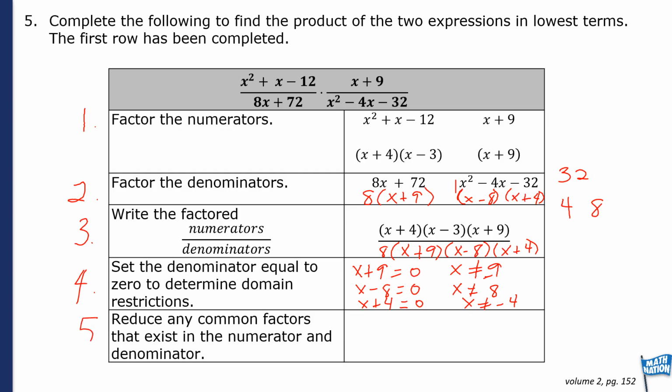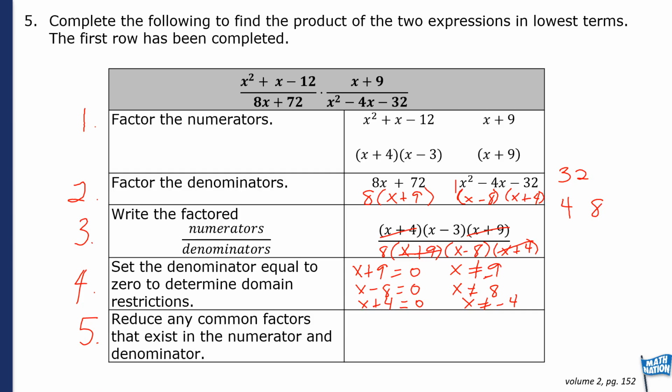Step 5, it says to reduce any common factors that exist in the numerator and denominator. So when you look, we have an x plus 4 in the numerator, x plus 4 in the denominator. We can cancel those out. And then in the numerator, we also have x plus 9. And in the denominator, we have x plus 9.